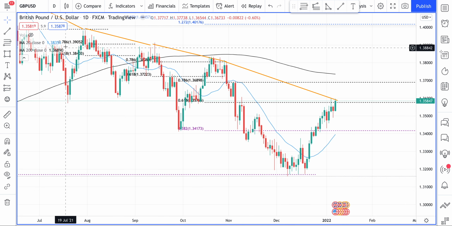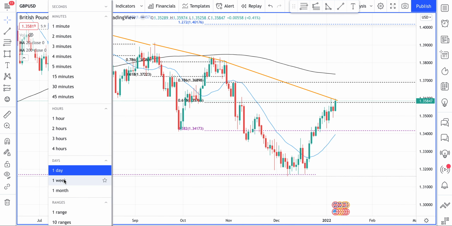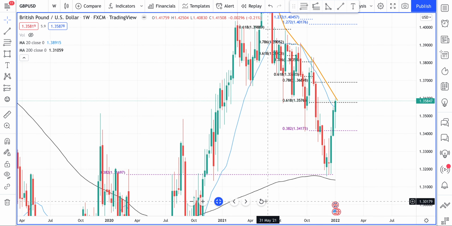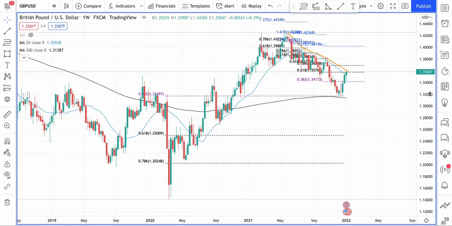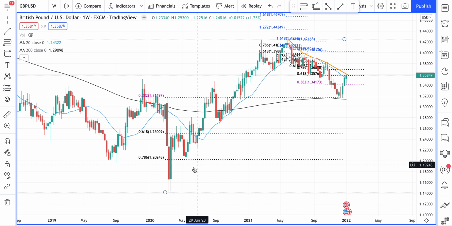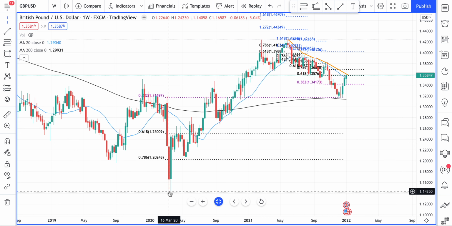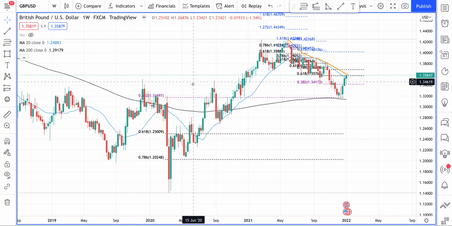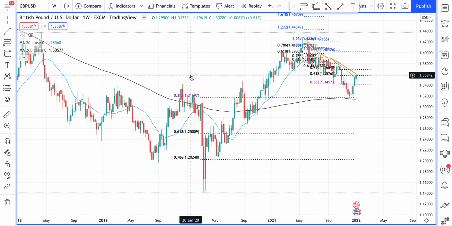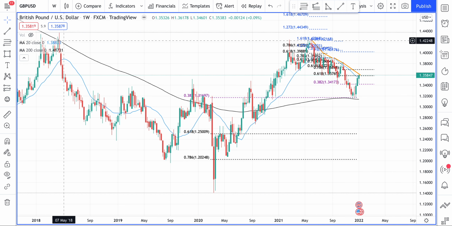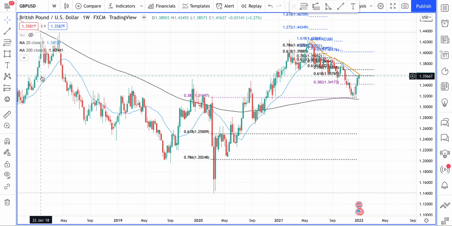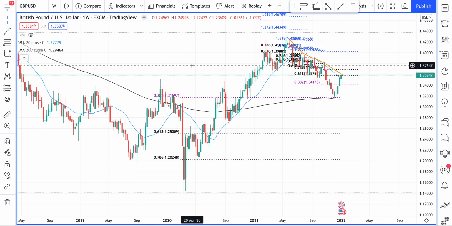However, when we look at it on a weekly basis, what we see here is that this currency pair has done something very interesting. This is the low which was formed in March of 2020. And obviously we see that the currency pair has moved higher a fair amount, and it took this swing high out. In fact, it challenged these highs formed in 2018.